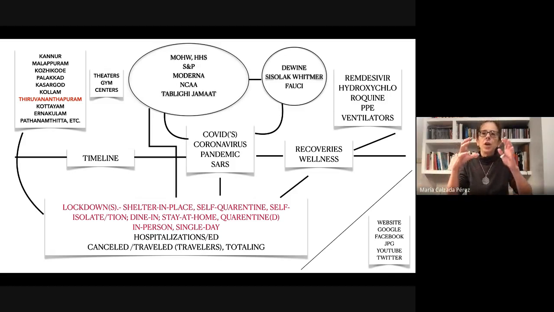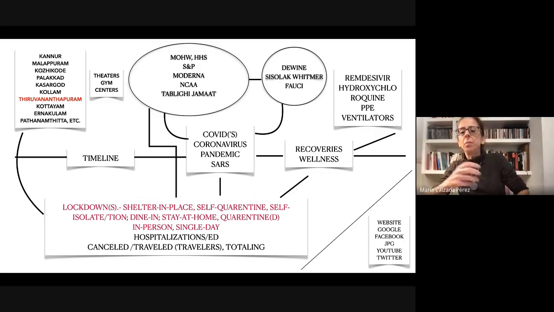And if we organize them and put all these keywords in thematic topic boxes, then we get a clear picture of how Wikipedia in English represents COVID-19. So on the one hand, you've got keywords that name the virus or the illness, COVID, coronavirus, pandemic, SARS.